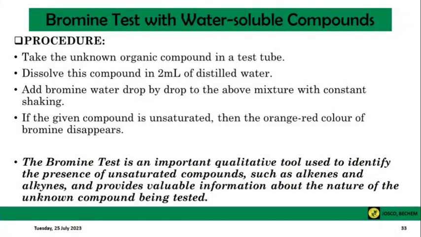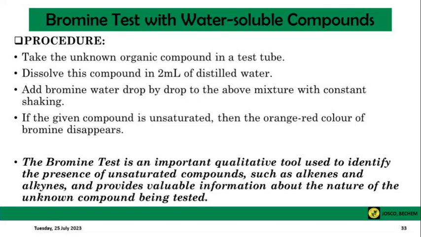The procedure for this bromine test is that you take your unknown organic compound in a test tube, and because it is soluble in water, you dissolve it in about 2 ml of water. Once you have the solution, you add your bromine water in drops, and you keep on shaking.